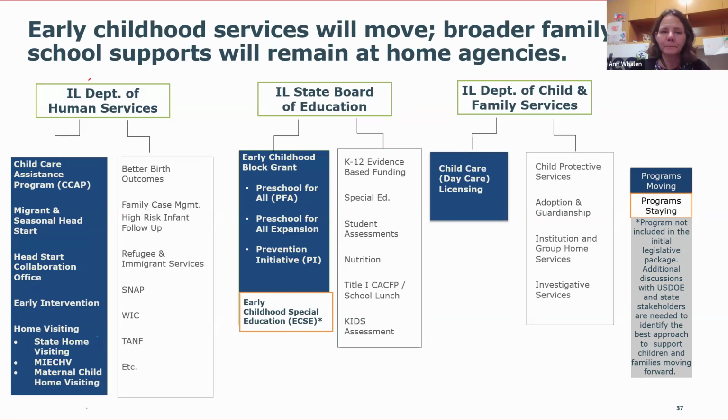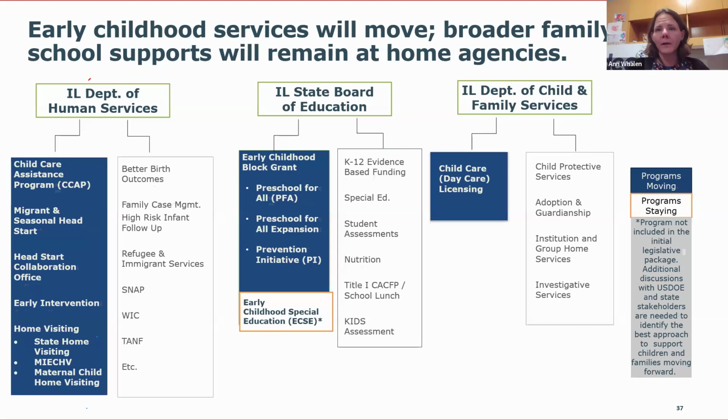I'll pause here, just get a little wonky for a quick second. In the report, the commission proposed that the Early Childhood Special Education Program also move to the new agency. And in conversations with the federal government, it is in federal statute that the state educational agency, or in our case ISBE, has to be the fiscal agent. So the program can't move to the new agency.